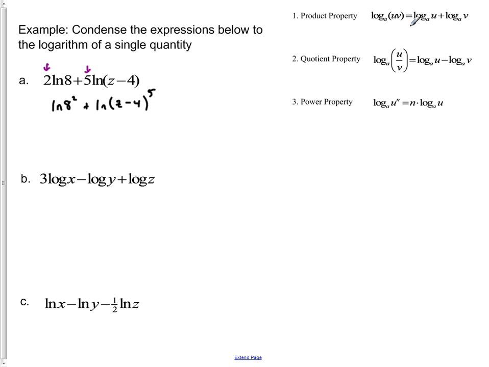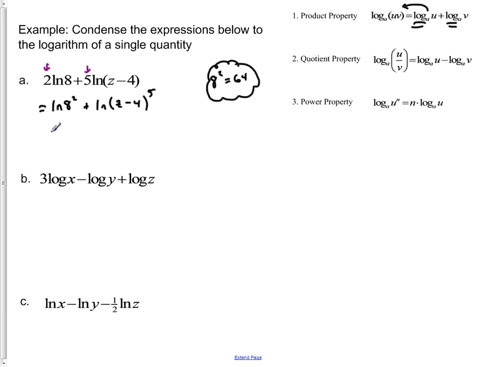Now, we want that because if we have logarithms that we're adding, the logarithms have to be by themselves, right? Remember, there's no multiplier in front of these logarithms, so we couldn't combine them unless we actually did move those exponents in front. And so our next step, aside from rewriting 8 squared as 64, is to remember that since we're adding, we're actually taking the product of the arguments of these two logarithms.